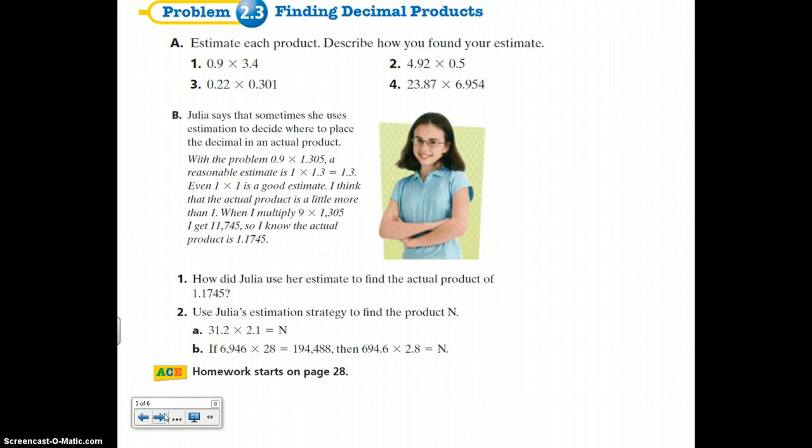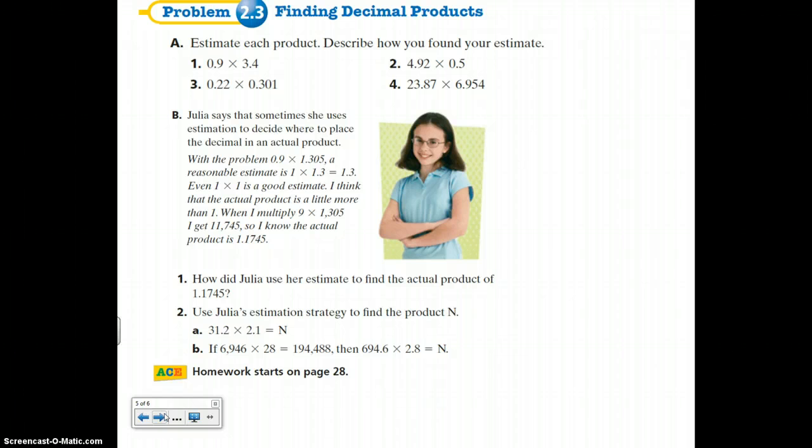I think the actual product is a little more than 1. So when I multiply 9 times 1,305, I get 11,745. So again, she took out the decimals and multiplied the numbers, and then she knew the actual product had to be 1.1745 because her estimate was that the answer was around 1.